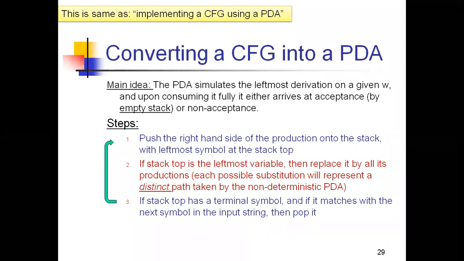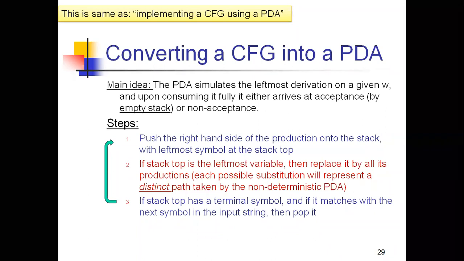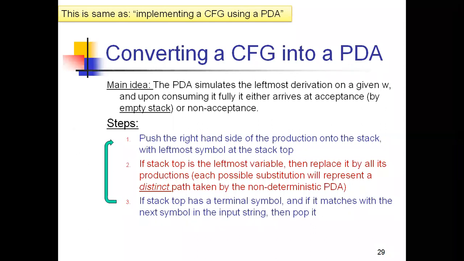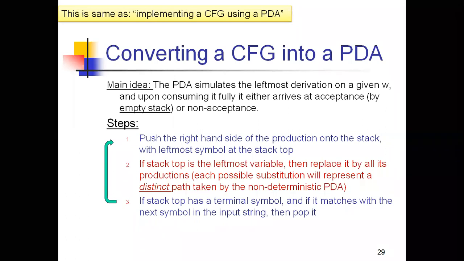So here the possible substitutions are most important. Choosing the possible substitutions is most important, and these represent distinct paths taken by the non-deterministic PDA. What I am saying from the start of this unit 4 is, we're not directly learning the DPDA. DPDA is nothing but a deterministic PDA.